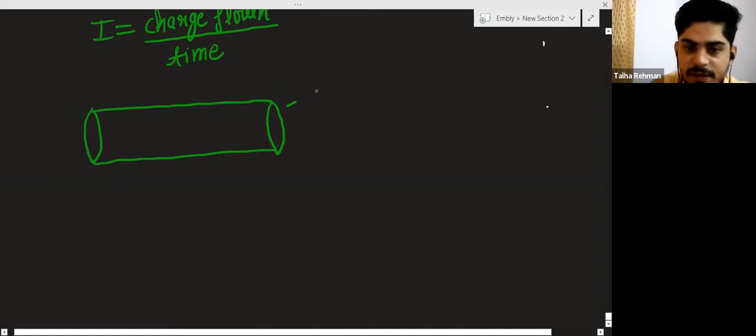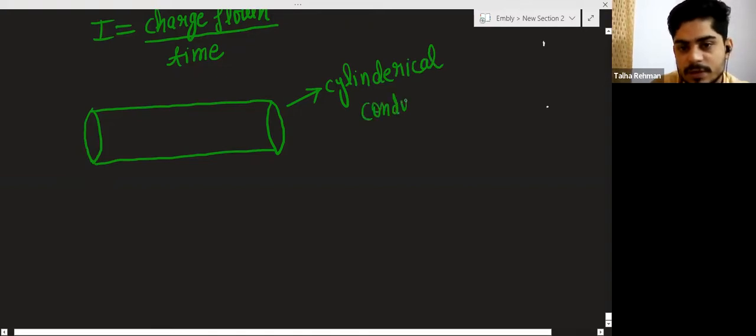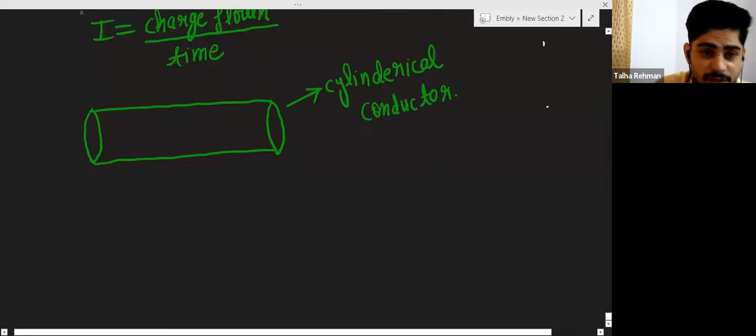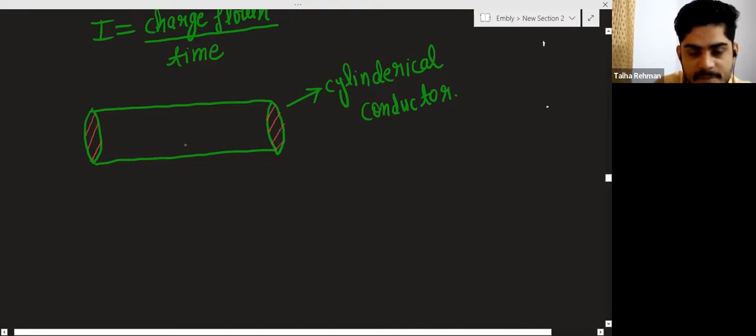This is a cylindrical conductor, and this is the cross section area of the conductor. The cross section area is the same throughout the length of this.